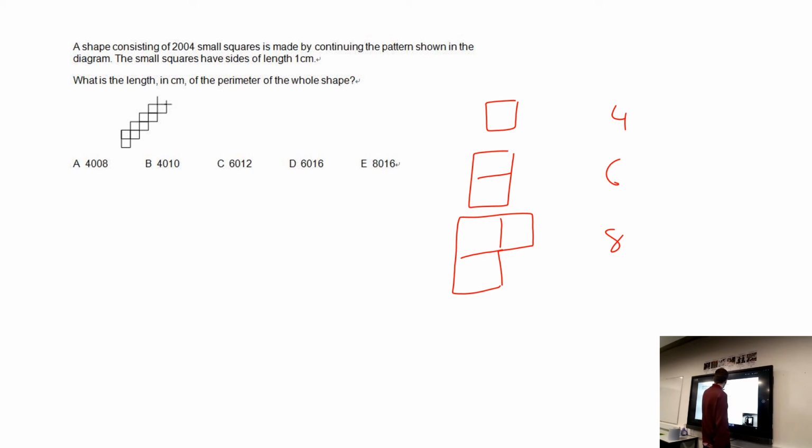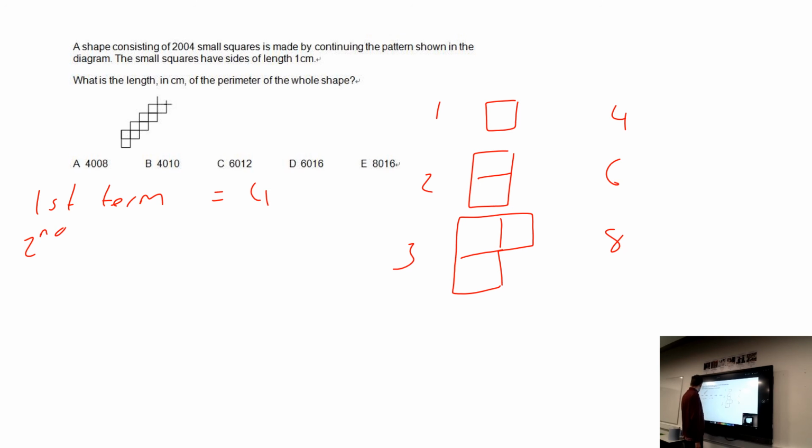So we're looking for a relationship between the number of squares and the perimeter. For the first term, this is equal to 4. For the second term, we started with 4, and then we're adding 2. For the third term, we're starting with 4, and we're adding 2 twice.